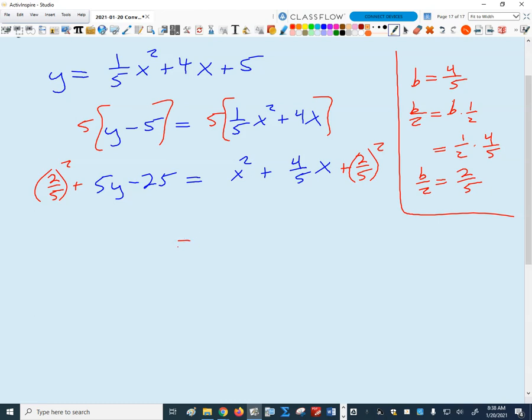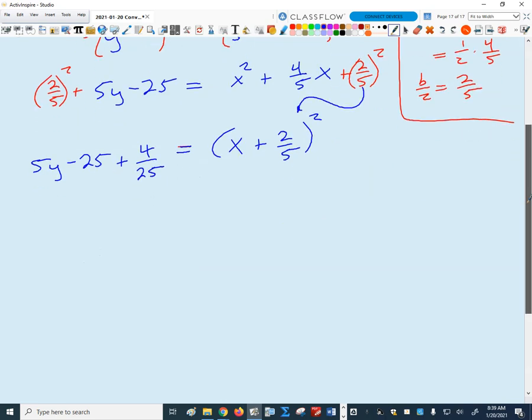So we know on the right side, what's on the right side? This is going to factor into x plus positive 2/5 squared. On the left side, we're just going to get 5y minus 25 plus 4/25, right, when I square that out. Let's go ahead and just combine these to make one big fraction.